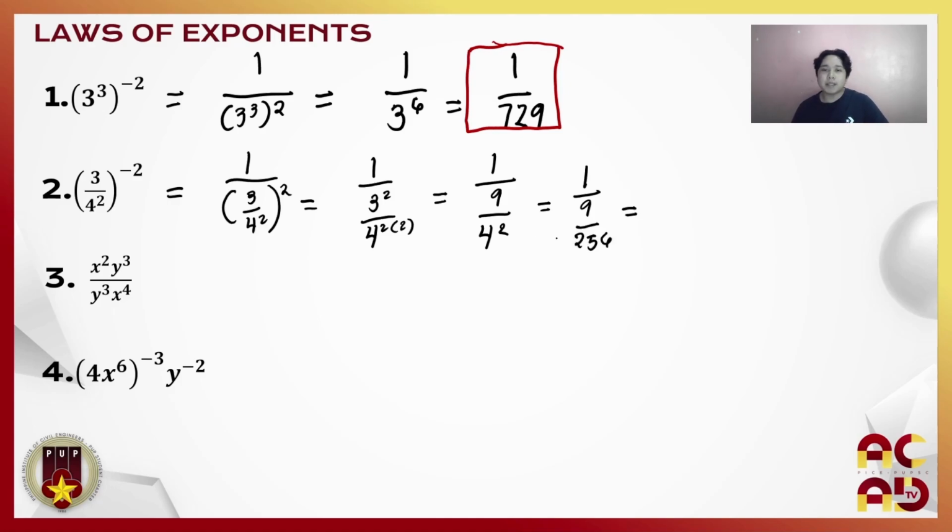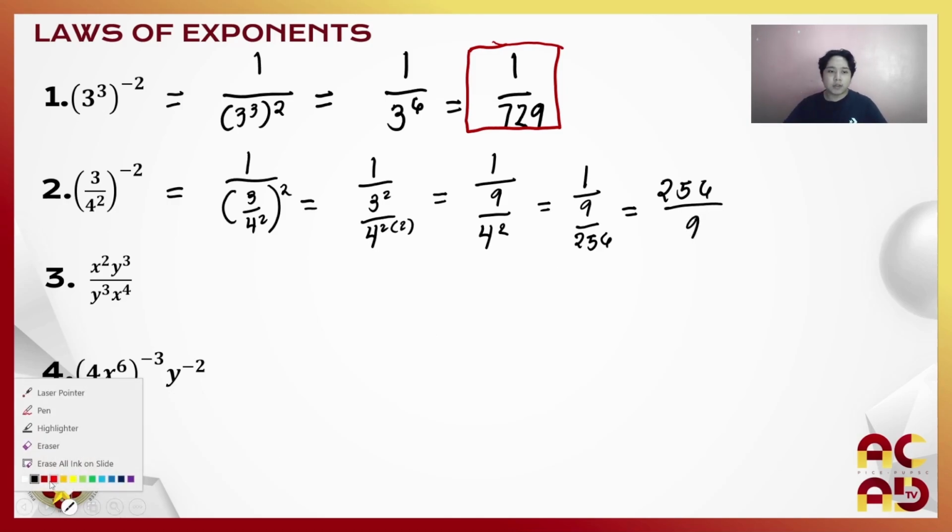Here we notice that it is a complex fraction, so what we will do is take the reciprocal of this 9 over 256, then multiply it by 1 over 1. So it becomes 256 over 9. This is our answer for sample problem number 2.